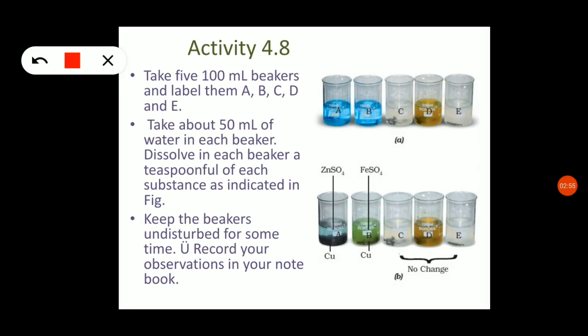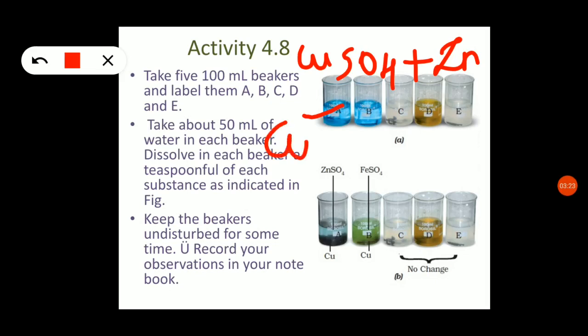So in the beaker A, you add copper sulfate. The blue color is the copper sulfate. Plus you should add zinc granules in the beaker A. And in the beaker B, you take copper sulfate and you place iron nail.